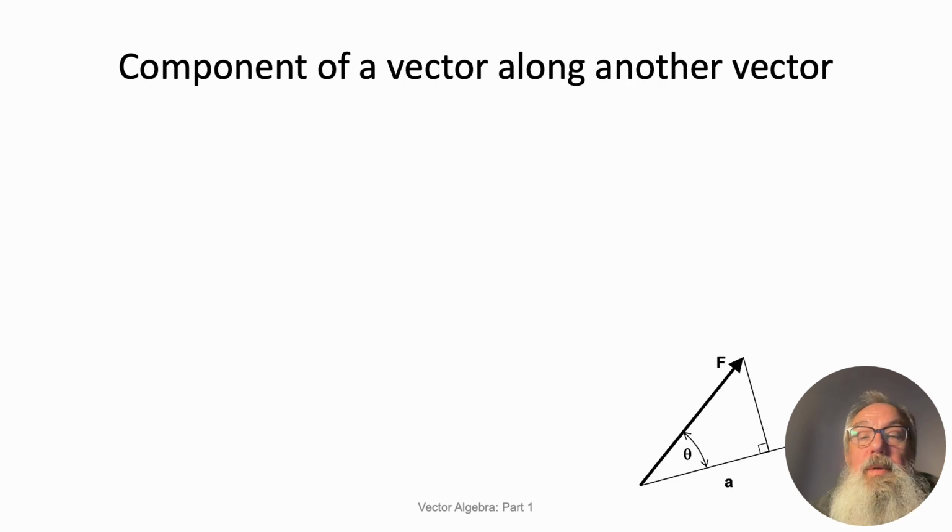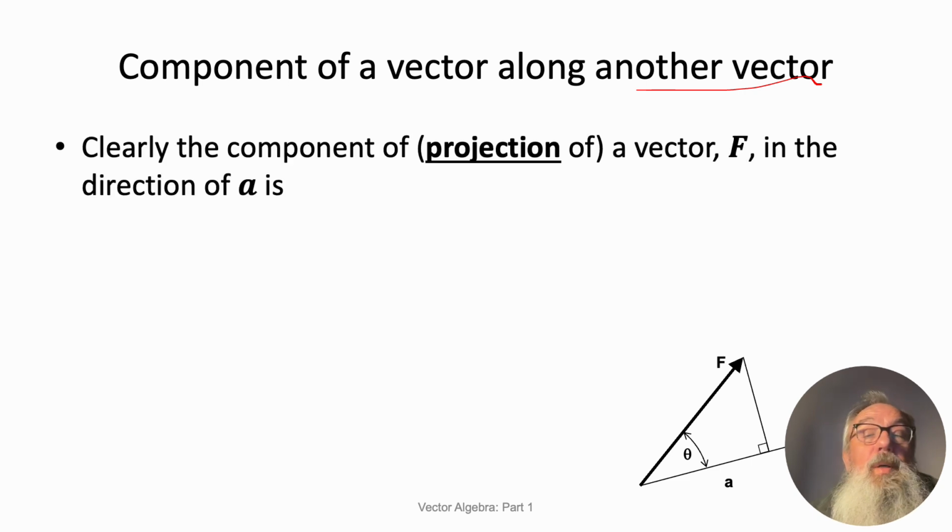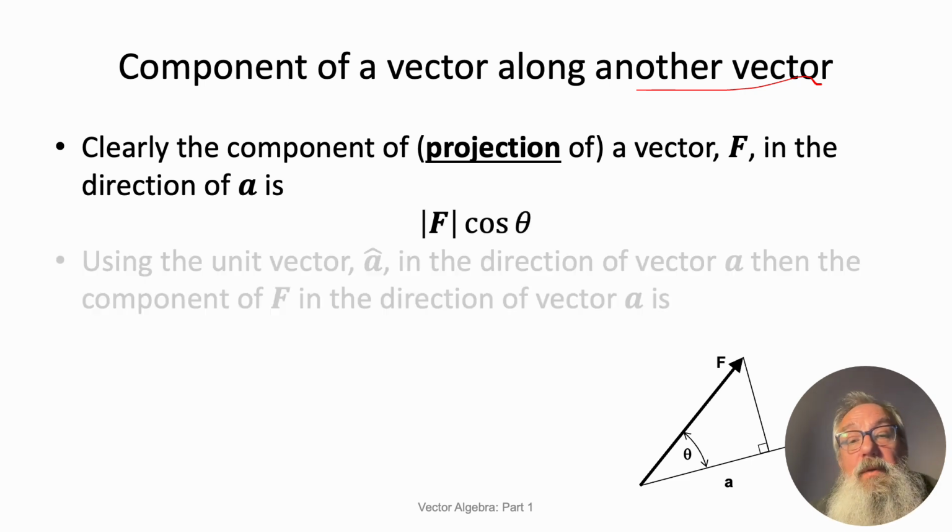Right, let's get back to where we first started, component of a vector along another vector. Okay, so we've got F along A. Right, what do we need to do here? Now we've learnt a little bit about vectors and the dot product. Clearly, the component or projection of F in the direction of A is F cos theta, magnitude of F cos theta.